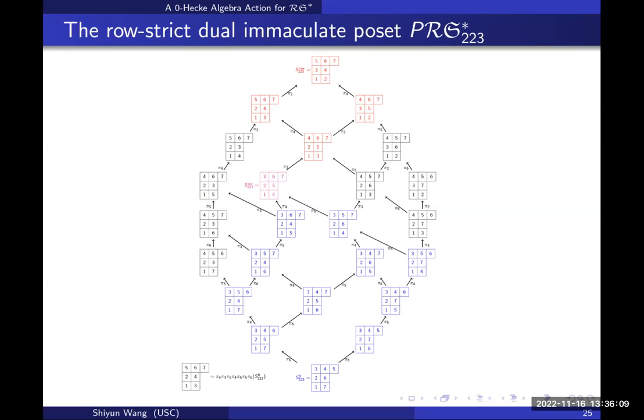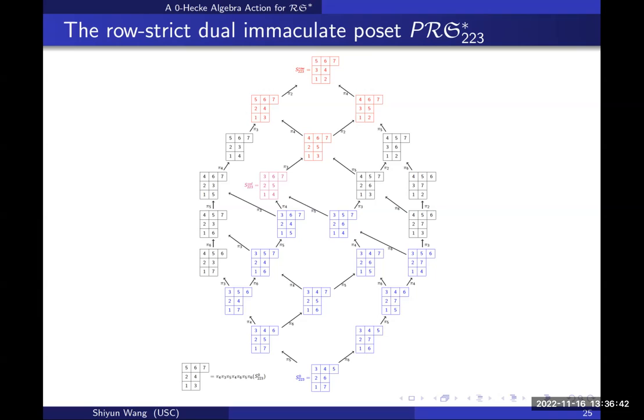For one shape alpha, we can write out all of the elements that we can generate, and we prove that we can always find a minimum element there. The minimum element will always look like this: you have an increasing from 1, 1, 2, 3, and then you go right 4, 5, and then you go down 6 and 7.